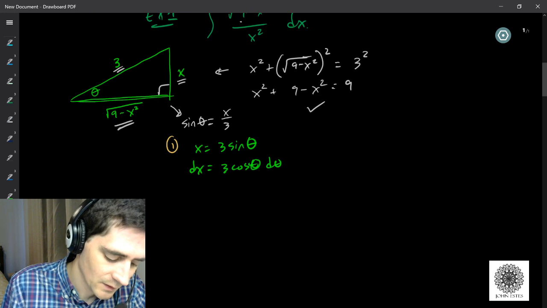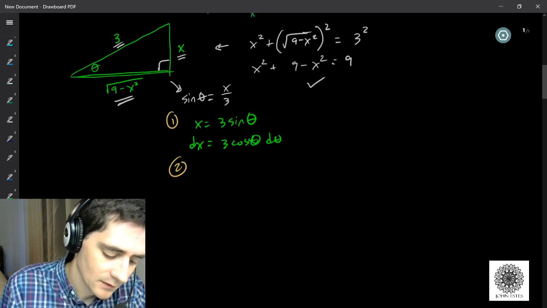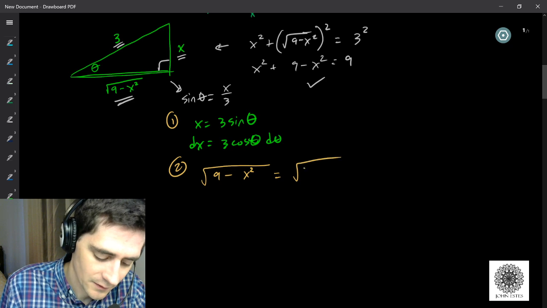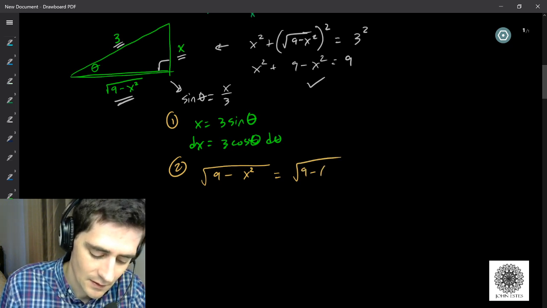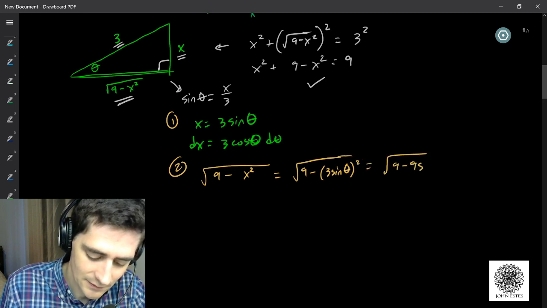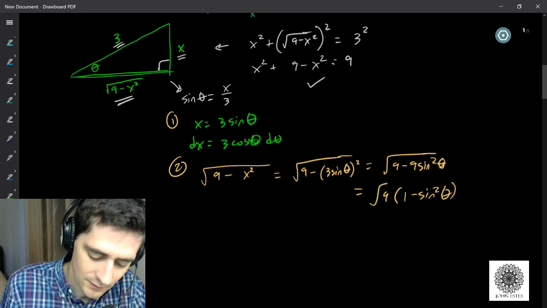Let's say that's part 1. Part 2 is the square root of 9 minus x squared. According to our substitution, that's the square root of 9 minus 3 sine theta squared, which is the square root of 9 minus 9 sine squared theta. I can take out the 9 and have a 1 minus sine squared theta in the square root.